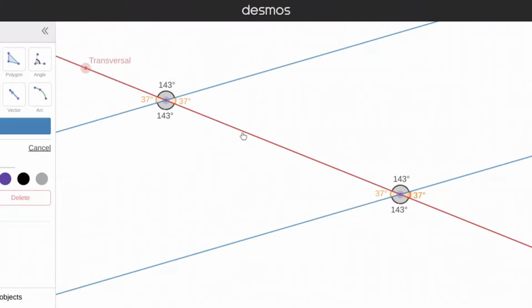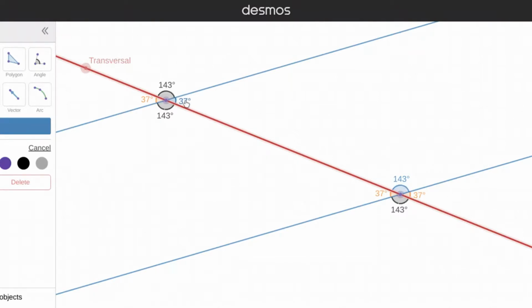Okay, so the only ones we haven't talked about were consecutive interior and consecutive exterior. So consecutive interior would be like this 37 degrees, I'll change it blue, and this 143 down here. Those are called consecutive interior because they're in between the two parallel lines, but they're on the same side of the transversal.